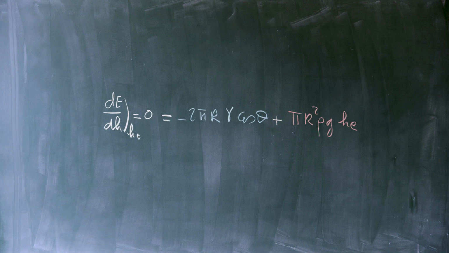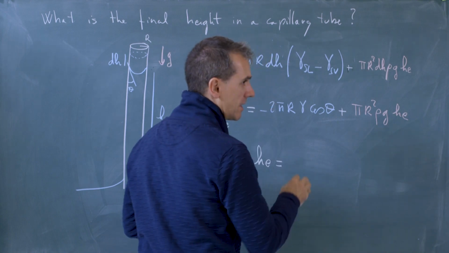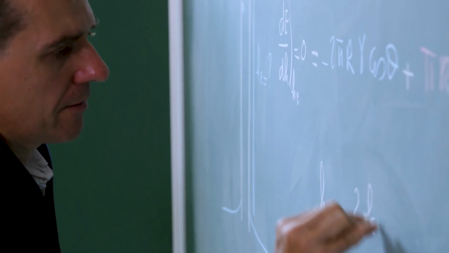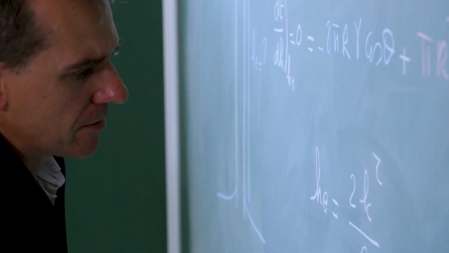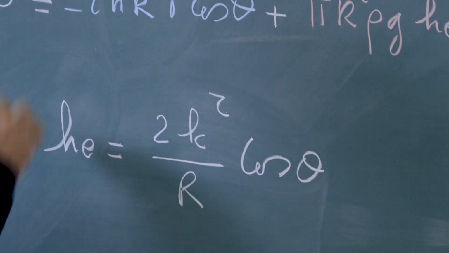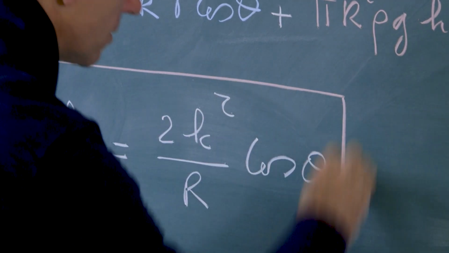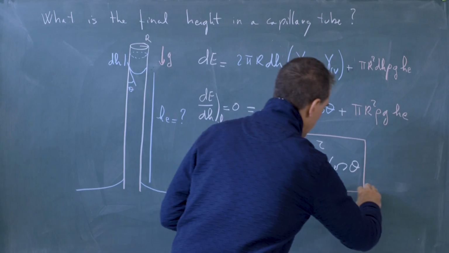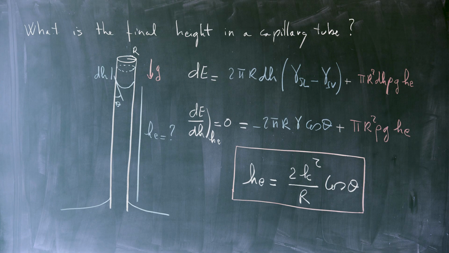Since the sum has to be 0, I get the expression of HE: HE will go like twice the capillary length squared divided by the radius of the tube times cosine theta. And this is the expression of the final height that the liquid reaches in the capillary tube.